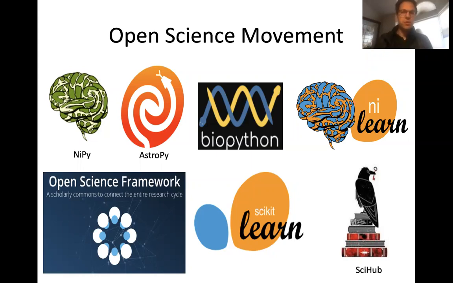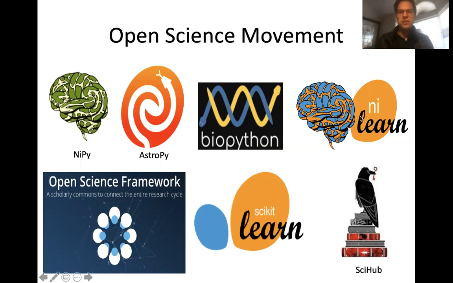So with this open science movement, one exciting thing that's happening is that as advances are made in one field, they start having ricochet or trickle down effects on other fields. And so we all benefit from this.